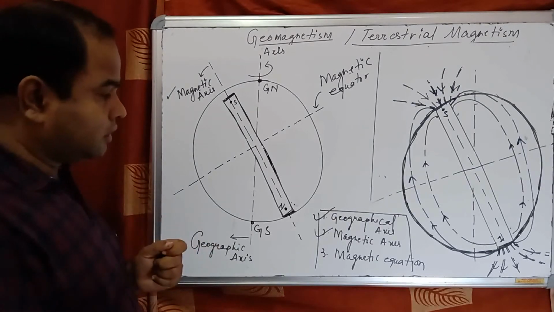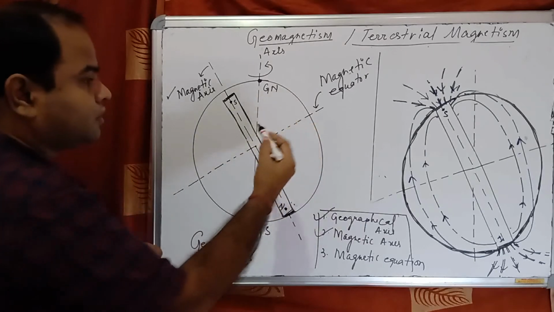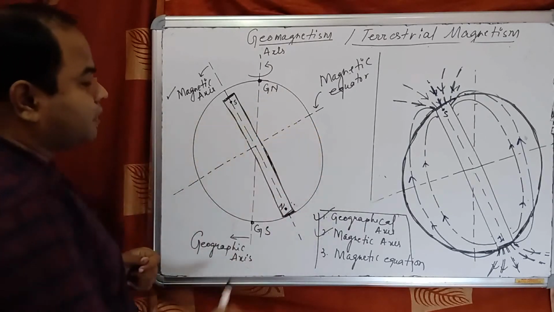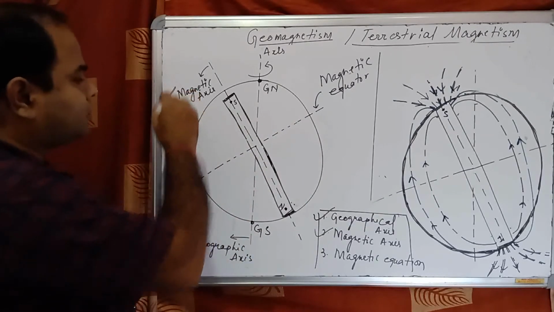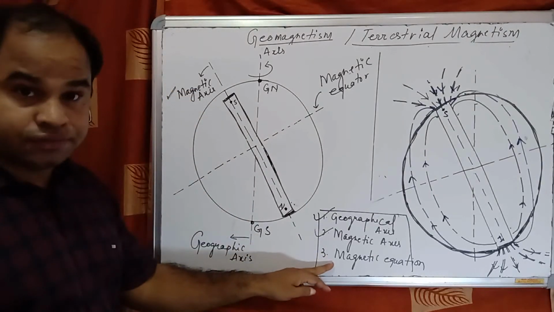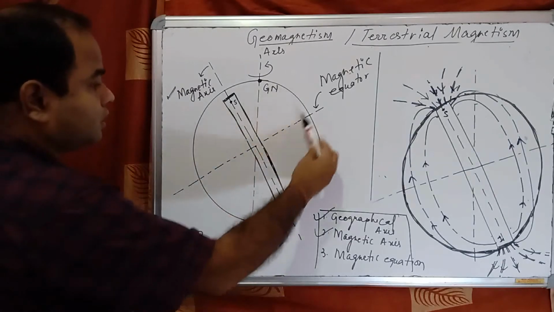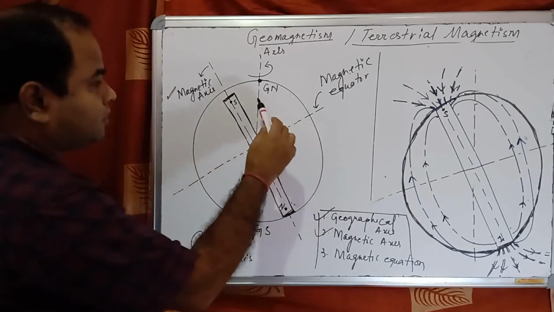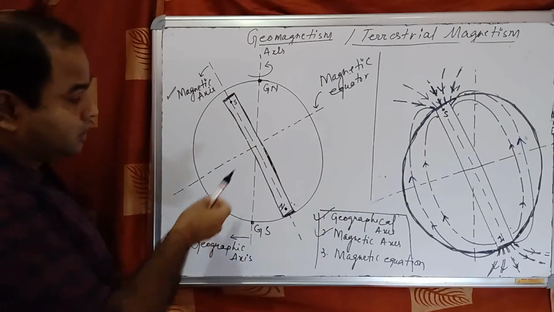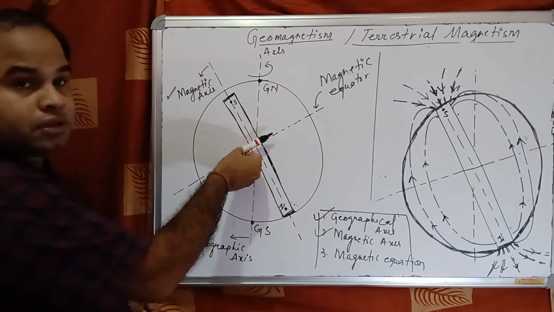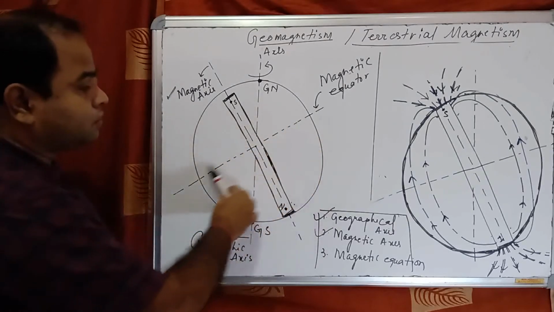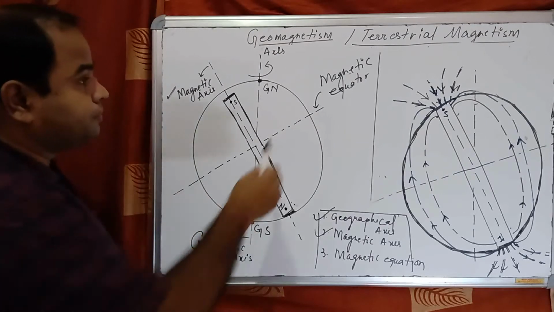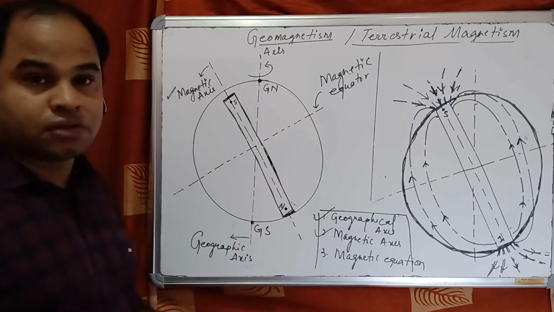The great circle which is perpendicular to this magnetic axis is called the magnetic equator. Since the earth is a circle, if you consider this plane, the circle passing along this plane is the magnetic equator.